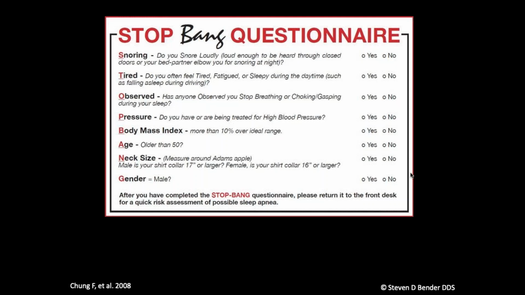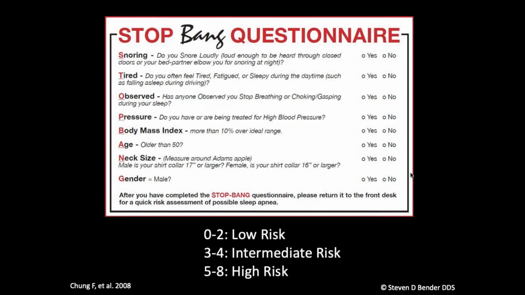And you look and you see, you can tell those top two buttons, they are never going to meet, not in this lifetime. So you should actually measure the neck size of your patients. And that's a real easy thing to do. It's a real neat thing to incorporate into your hygiene visits. And then gender, are you male? That's going to add to the equation.